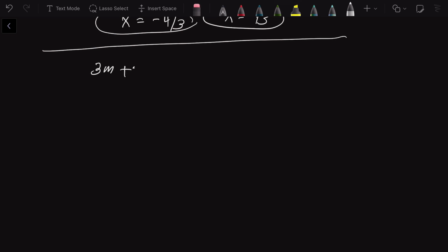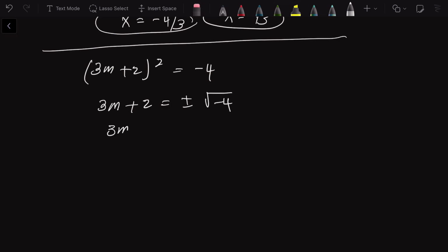3m plus 2 all squared equal to -4. So I see that one is already in the form of completing the square. So it's just a matter of completing the second half of the completing the square method. So we will say 3m plus 2 equals plus or minus the square root of -4.